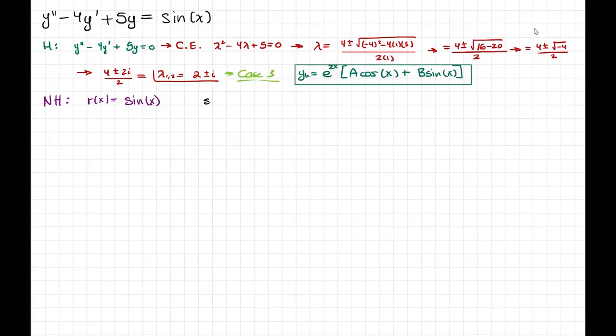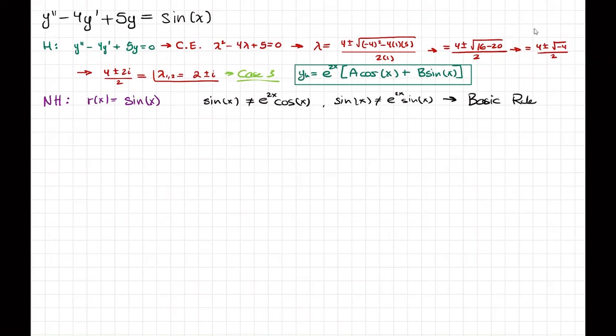So we check. Is sine of x the same thing as e to the 2x times cosine of x? No. Is sine of x the same thing as e to the 2x times sine of x? Nope. So in this case, we know that we're good, so we can use, again, the basic rule, and we don't need to do any modifications.